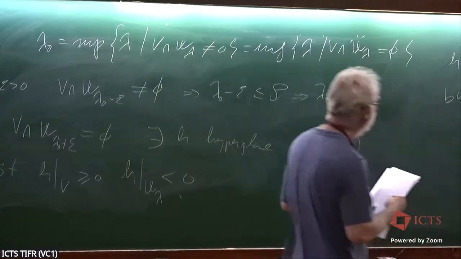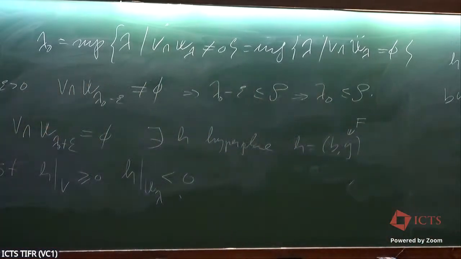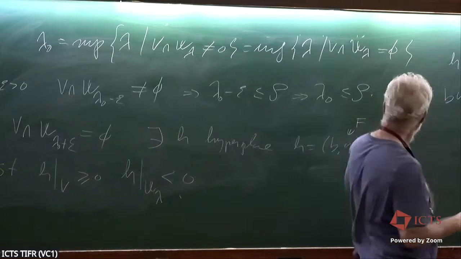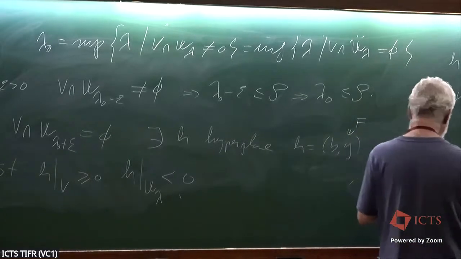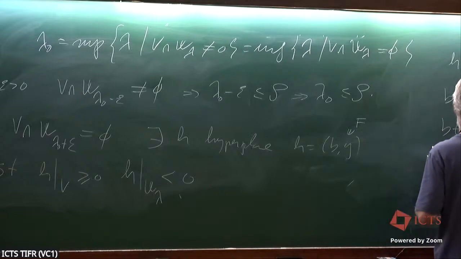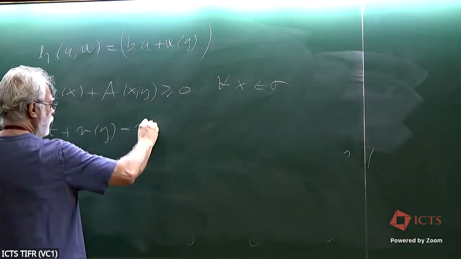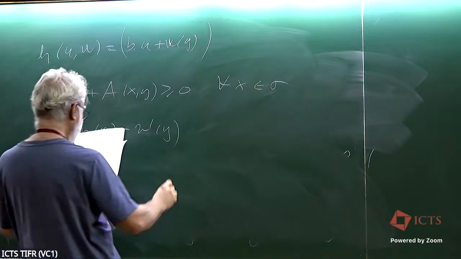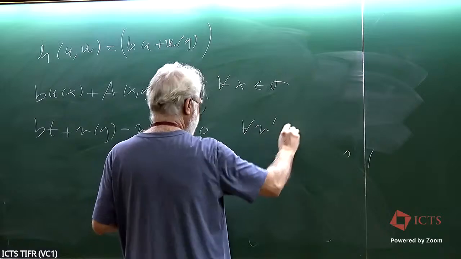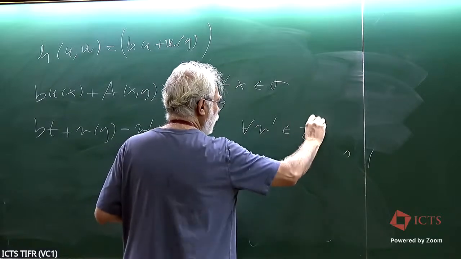The condition that H restricted to B has to be bigger or equal than 0, and the shape of B translates into this condition. And the other condition is that B t plus B of y minus B prime of y has to be strictly smaller than 0 for all B prime inside T tau dual.